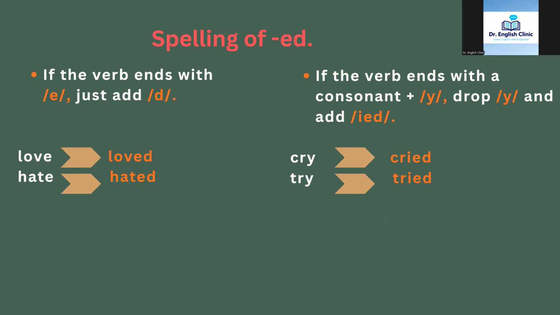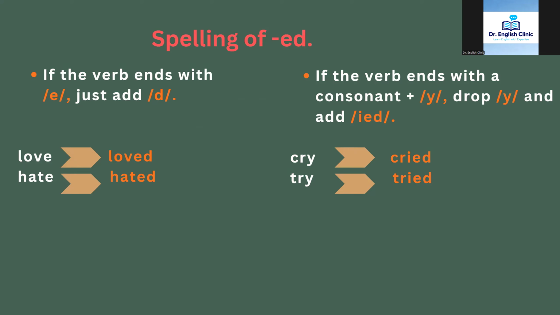Now, when it comes to spelling, sometimes we add ed, but if the verb ends with e, like love, hate, we don't add ed, we just add the d, like love, loved, hate, hated, okay?